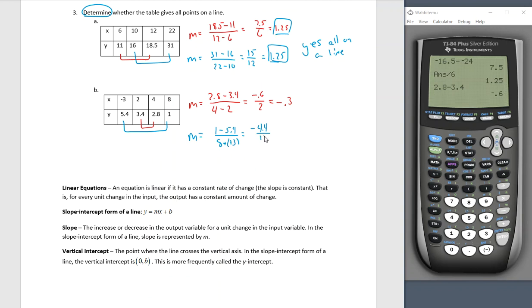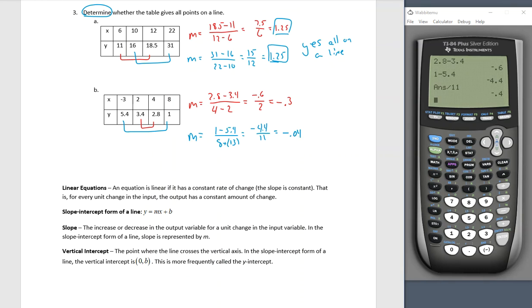That's going to be 8 plus 3. That's 11. That is something I want to check. Let's see. 1 minus 5.4. Fantastic. If we divide that by the 11 that I'm pretty sure about, I do get 0.4. I knew that. You knew that too.